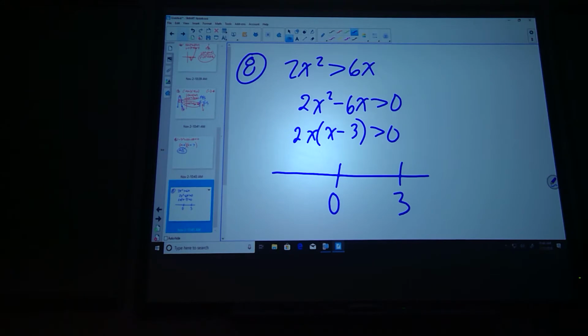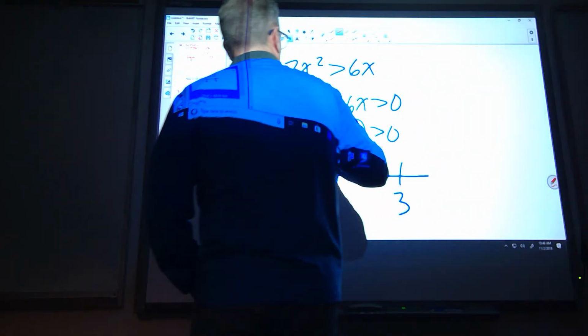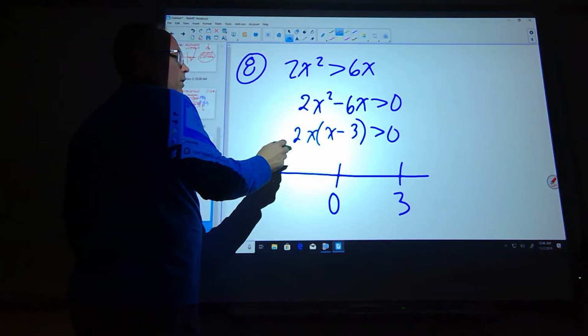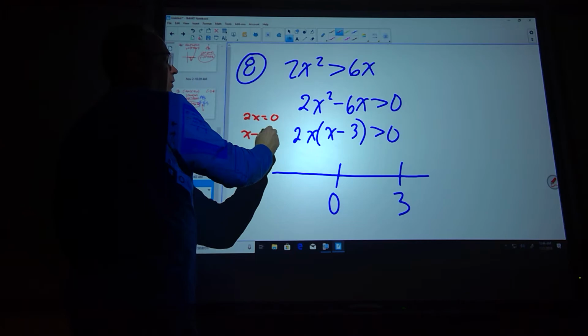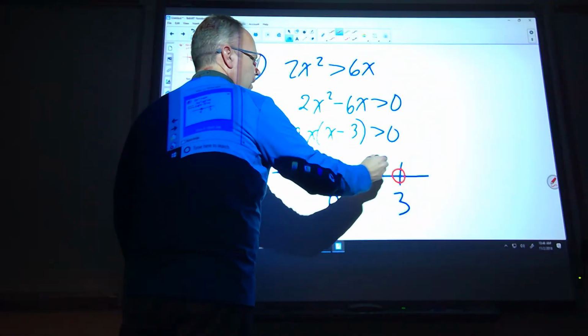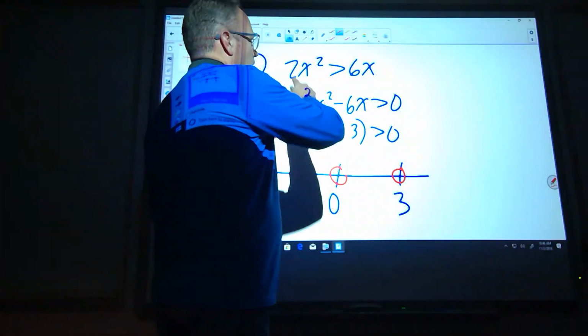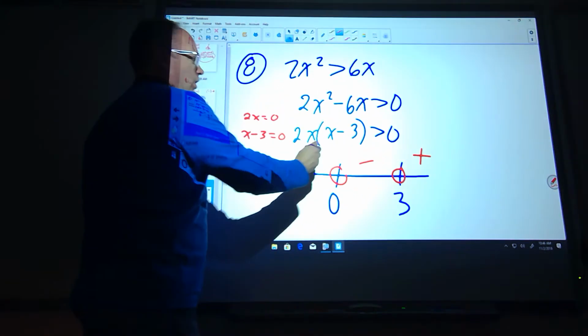Because on the notes, I might have taken them wrong, but you just took 2 out, and then you just had an x squared minus 3. Yeah, because this comes out to this. So then that's where 0 is. Open dot, open dot. All right, so this is positive, negative, positive.